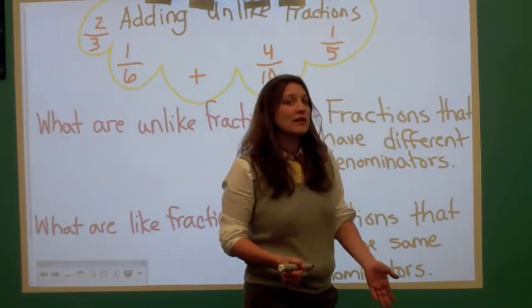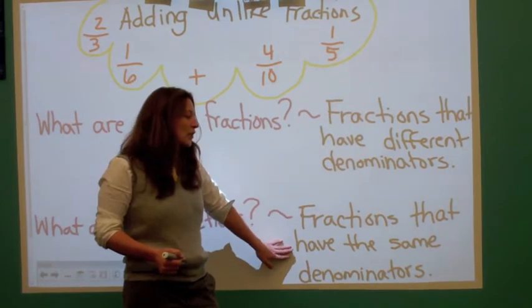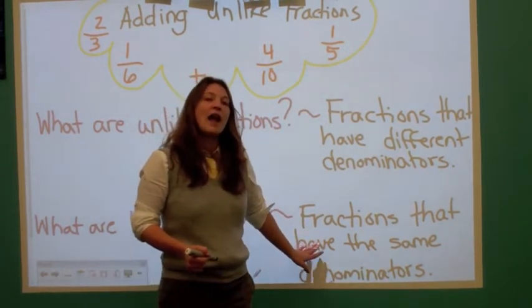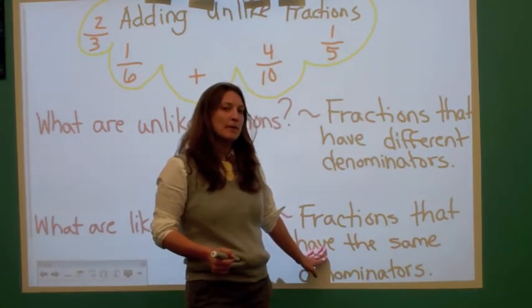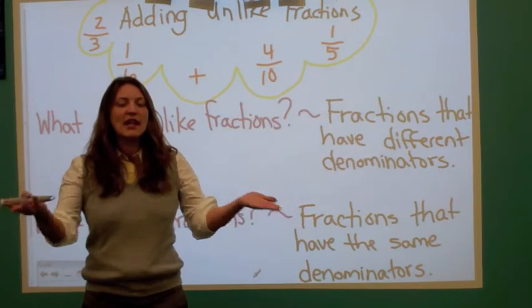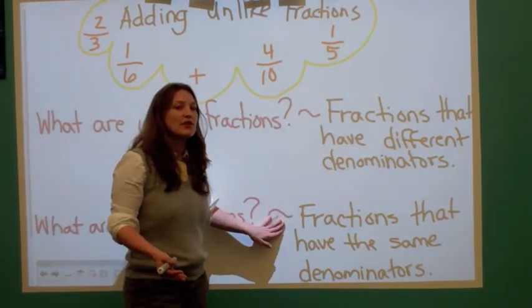And like fractions have the same number in the denominator. So if I'm looking at two fractions, both fractions have the same number in the denominator. In order to add any two fractions together, those two fractions must be like fractions.